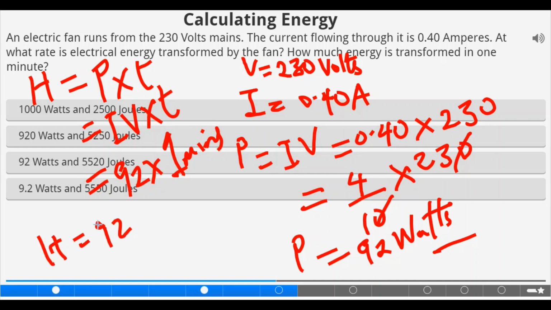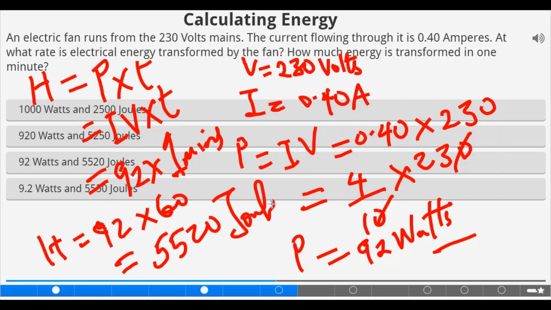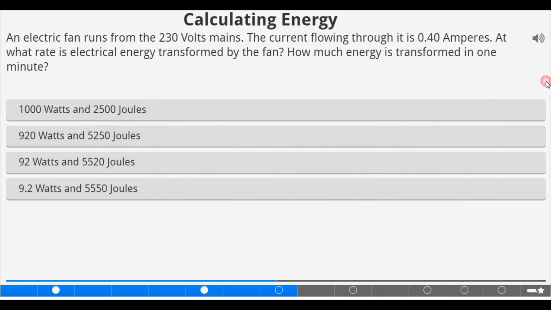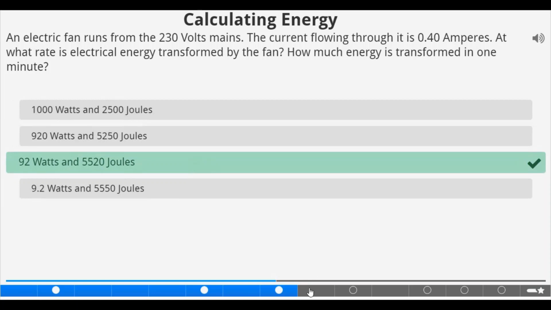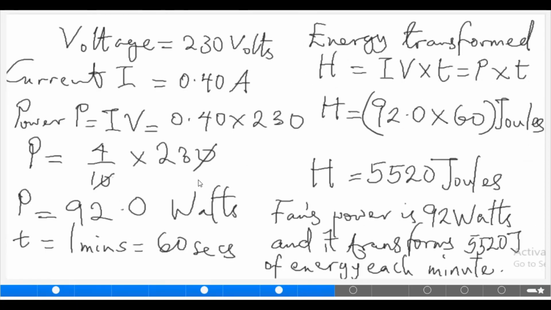That's 92 times 60, and that gives 5,520 joules. So we have 92 watts and 5,520 joules. Let's click it and check. That is it. So you have the final breakdown of the solution also here.